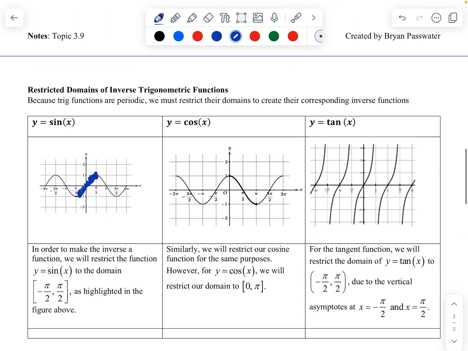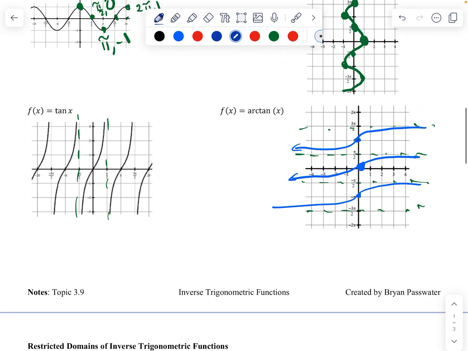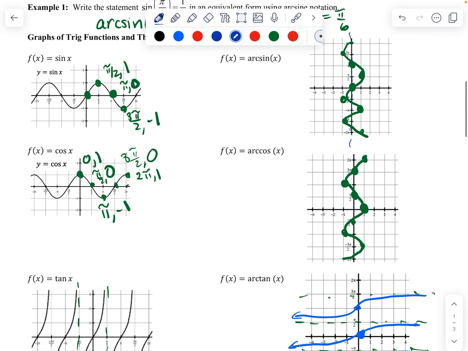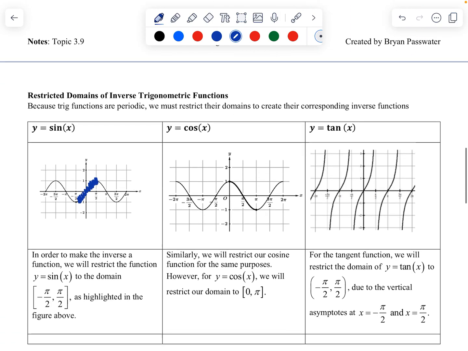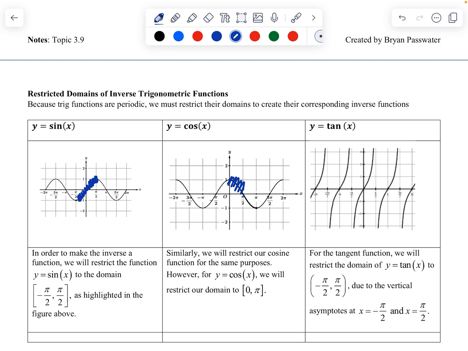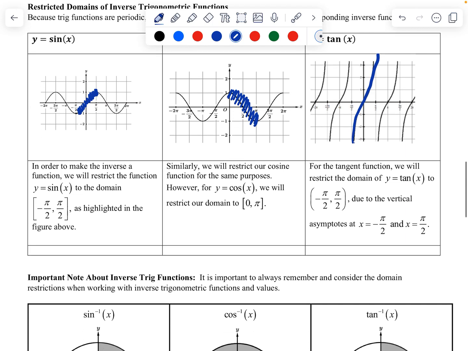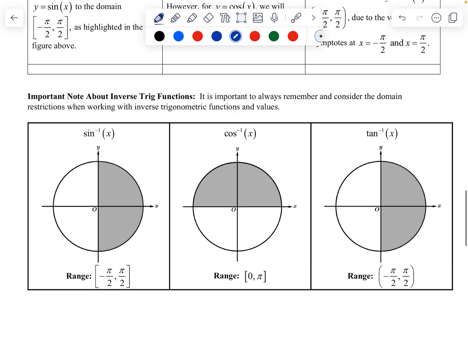That's from -1 to 1, so all we're talking about is from here to here. Cosine, we restrict just from 0 to pi over 2. And tangent is restricted between -pi over 2 and pi over 2.